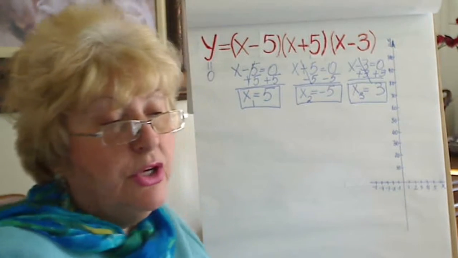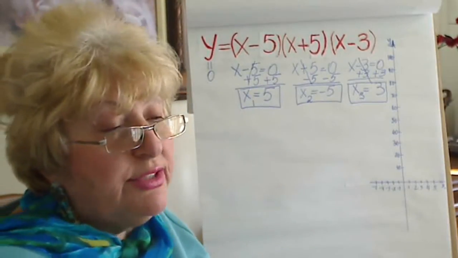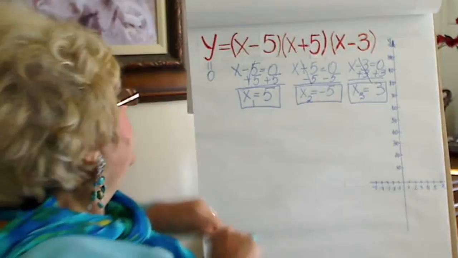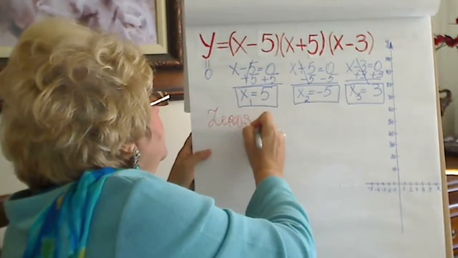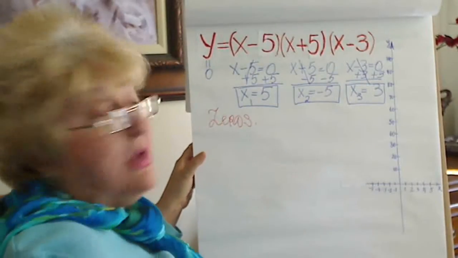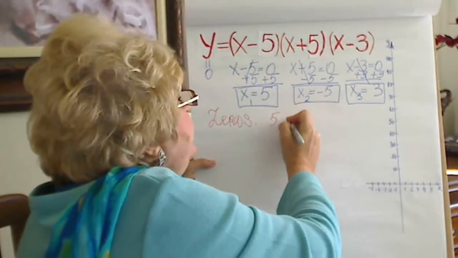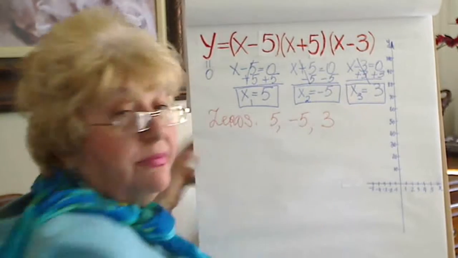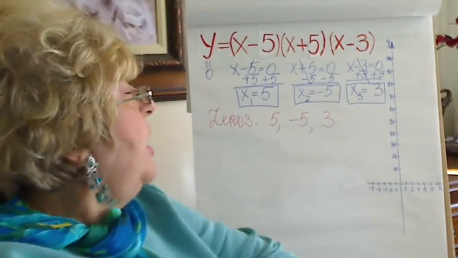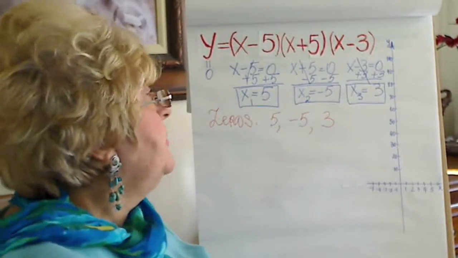We have 3 zeros. So we can write that the zeros of the function are 5, negative 5, and 3. We successfully did our first part and found the zeros of the polynomial.